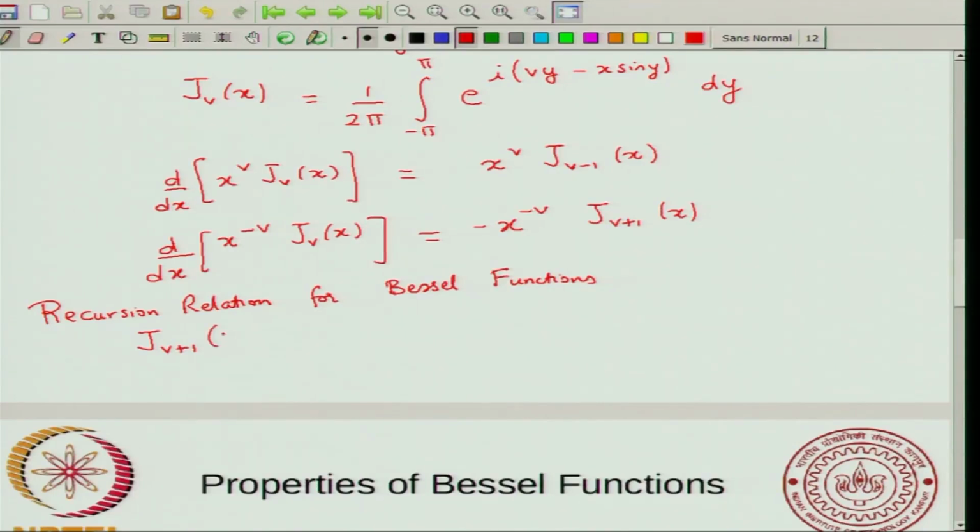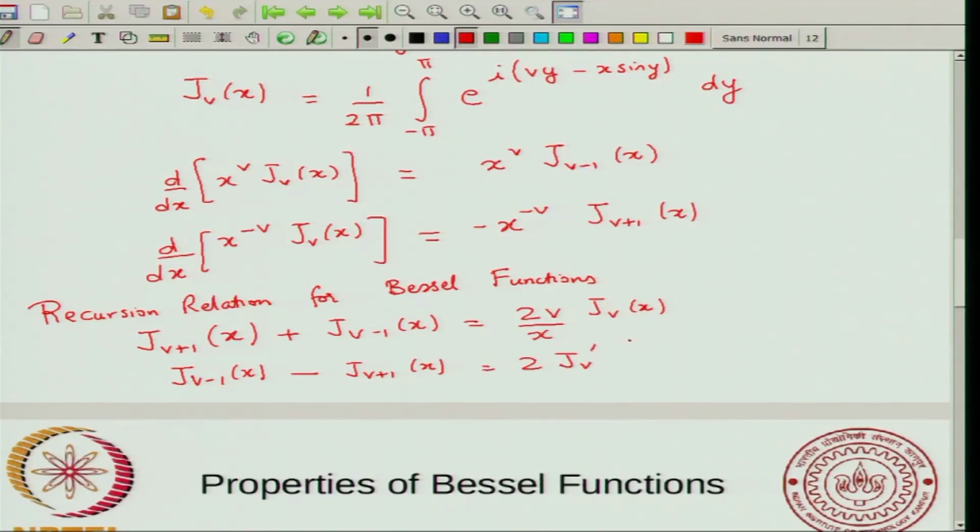So you can write two recursion relations. You can write J(v plus 1) of x plus J(v minus 1) of x equal to 2v by x times Jv of x, and the other recursion relation is J(v minus 1) of x minus J(v plus 1) of x, which is twice Jv prime of x.